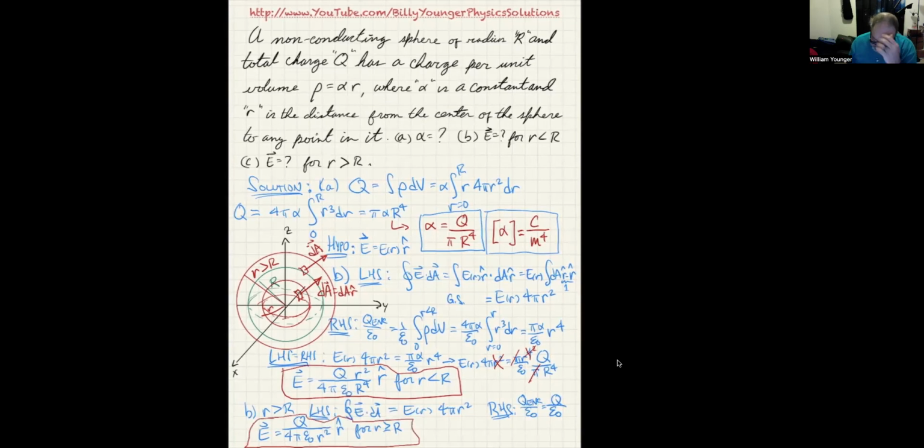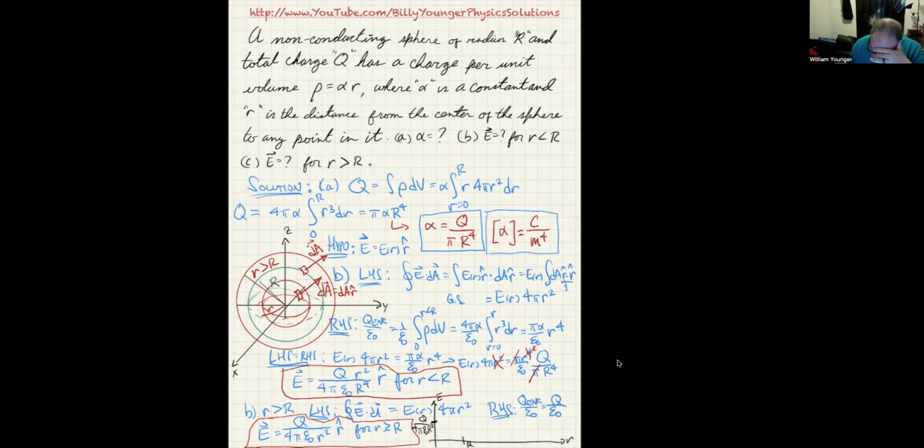And now if we want to make an actual plot of this magnitude as a function of position, what I'll do is I will make a little black coordinate system. It'll go from here to say here. That's r and that's E. And I apologize for it splitting up my Gauss's law part. But anyways, what we know it's going to be right here is Q over 4 pi epsilon naught R squared.